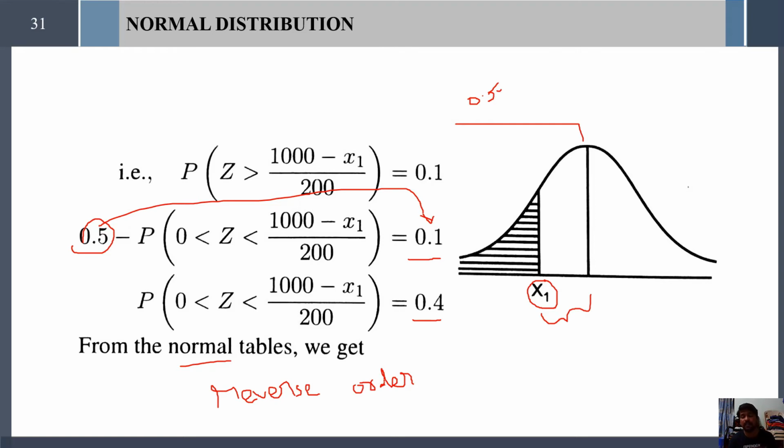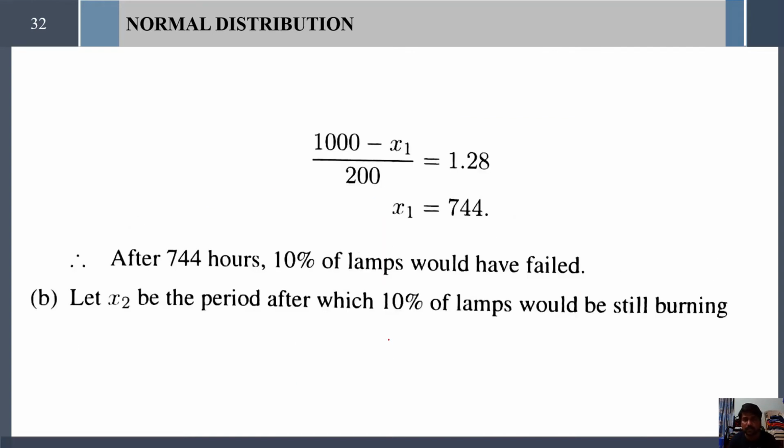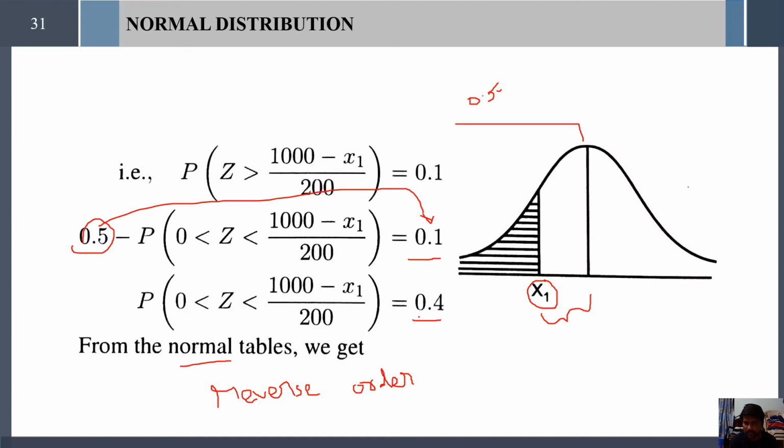This is very important and different from the previous problem, because for this type of problem we have to refer to the normal table in reverse order. Then we can get the ordinate 1.28. How do we find this ordinate? The area is 0.4.